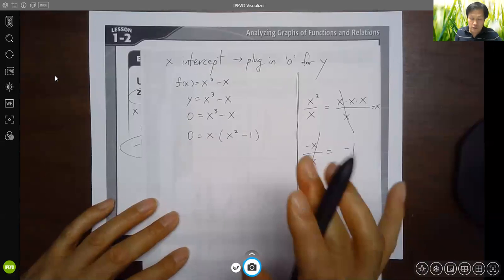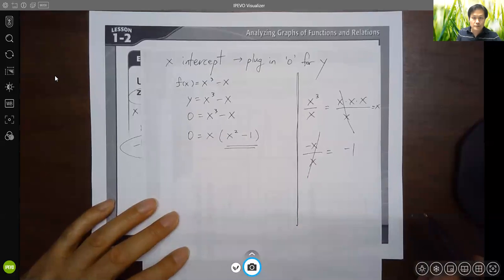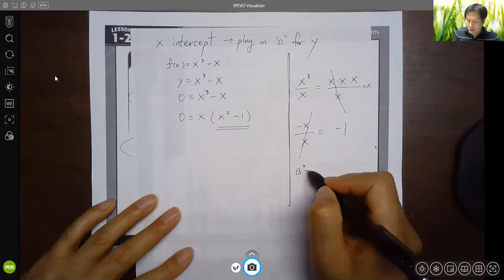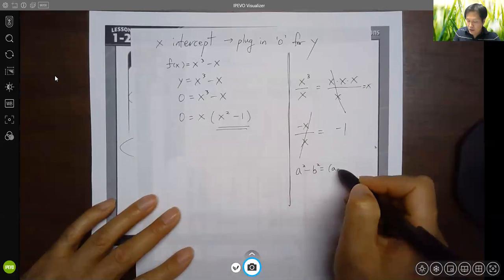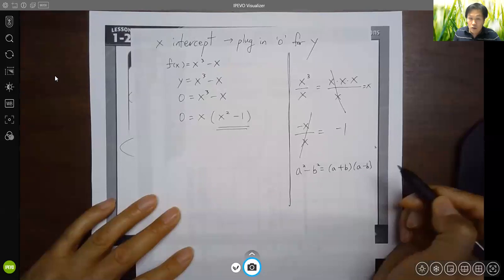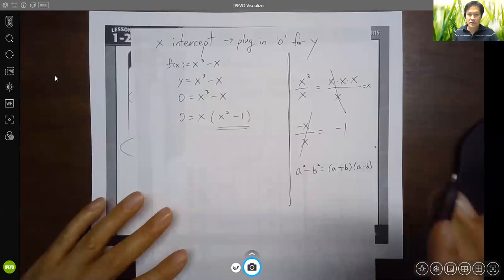We're not done yet. You have to keep factoring this one. Hopefully you remember the formula: a squared minus b squared equals a plus b times a minus b. If you don't remember, memorize it right now.